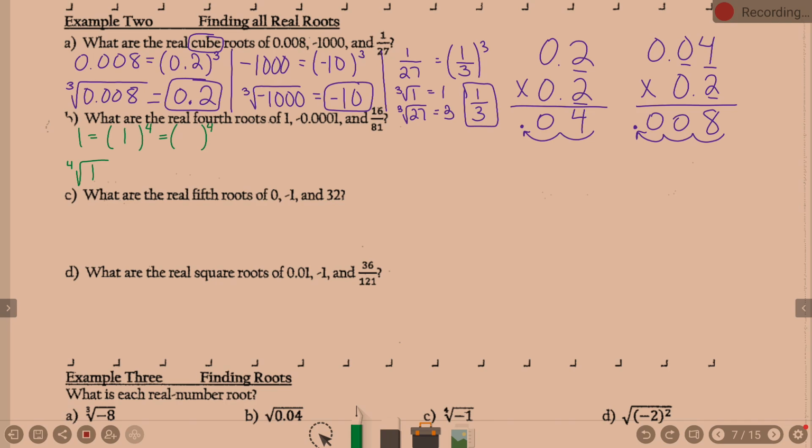What this has to do with is we have to consider, could that variable be a negative number or is it only a positive number?